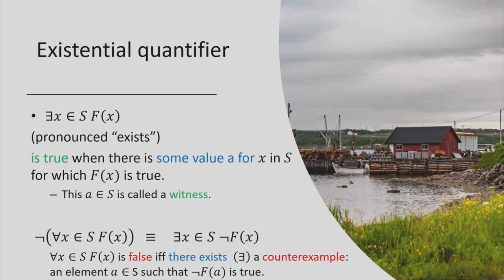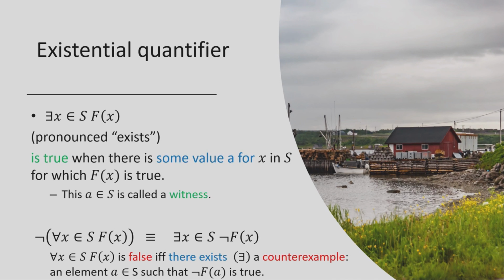And usually you use the word exists when you read a formula with an existential quantifier, like there exists an x such that f of x is true. And the formula there exists x such that f of x is true when there is at least one value of x in that set S for which the formula evaluates to true. That value is called the witness.